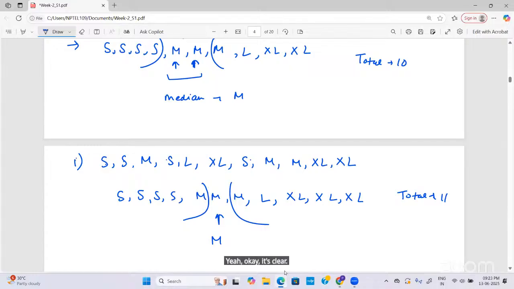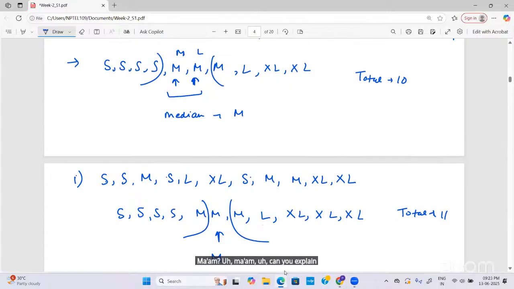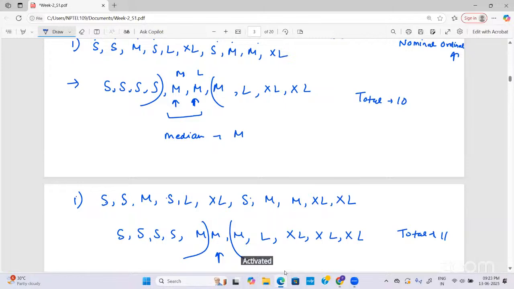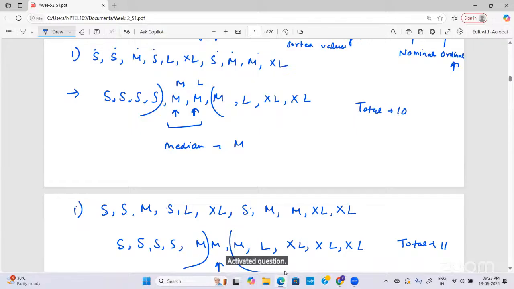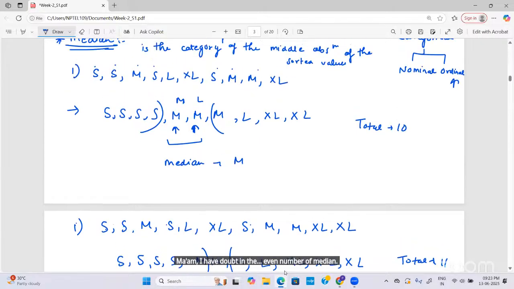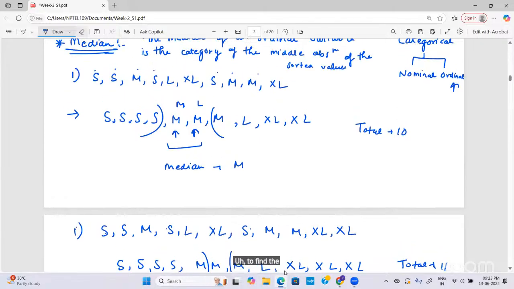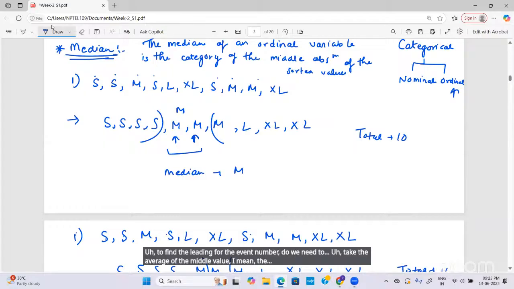Ma'am, can you explain this activity question? Ma'am, I have a doubt about the median for an even number of observations. To find the median for an even number, do we need to take the average of the middle values, I mean the first M and the second M?